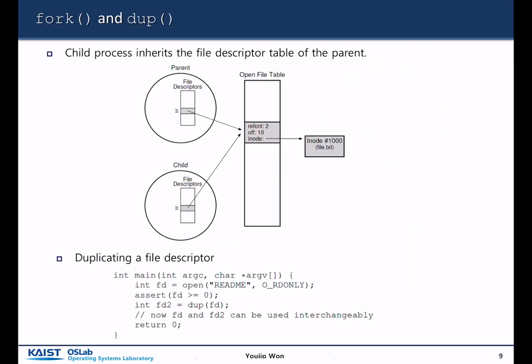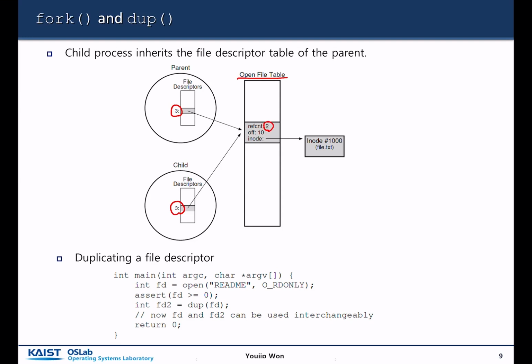When you create a child process through the fork system call, the child process inherits the file descriptors from the parent. So all the file descriptors of the child will point to the same file object as the parent's file descriptors point to. Each object in the open file table maintains a reference count.